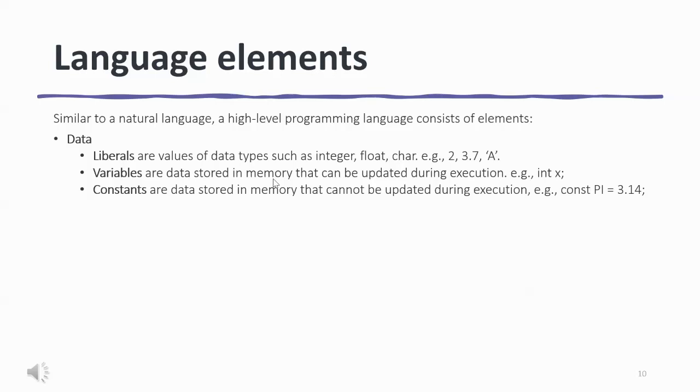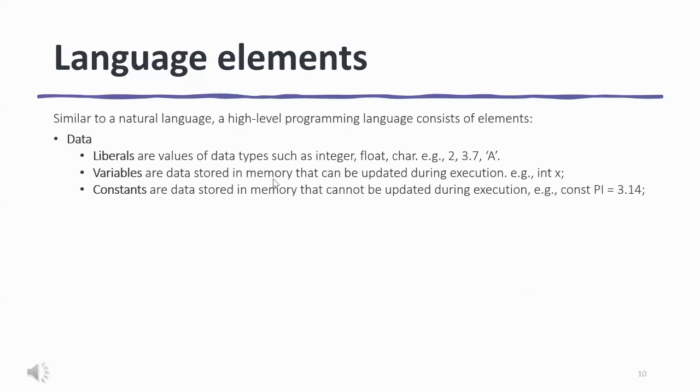There can be many kinds of labels, just the available data types of the computer, such as integer, float, and characters. Like number 2 is a label value, real number 3.7 is a label value, character A is a label value.